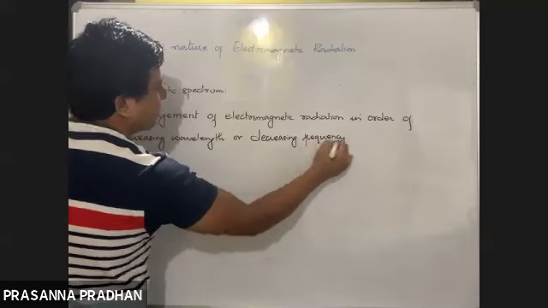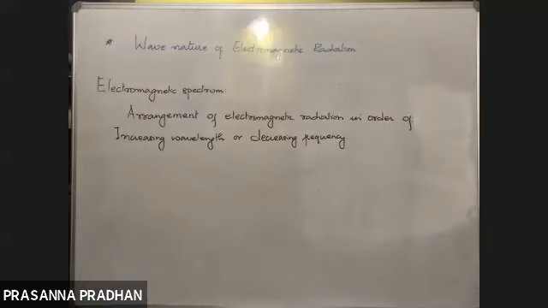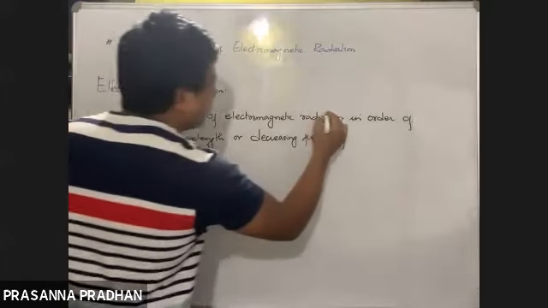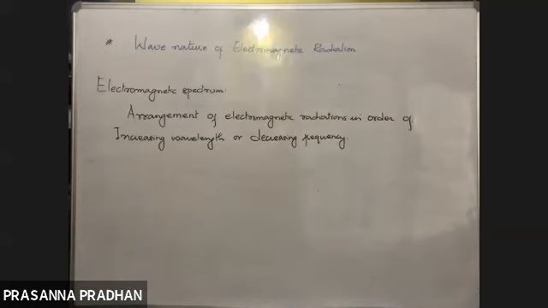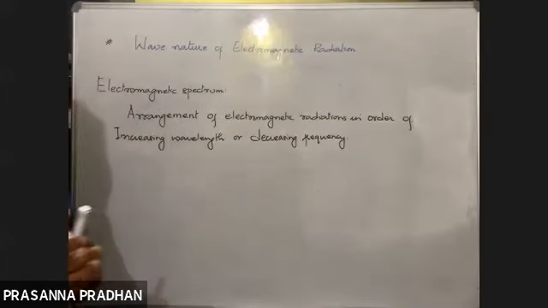So the arrangement of electromagnetic radiations in order of increasing wavelength or decreasing frequency is known as the electromagnetic spectrum. So what are the electromagnetic radiations which we know?